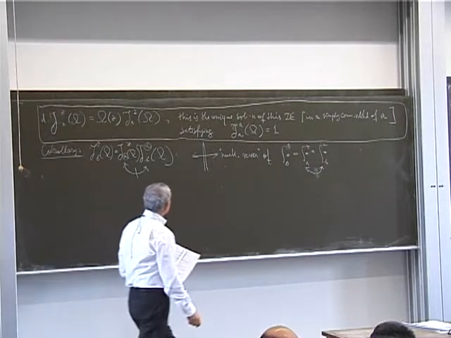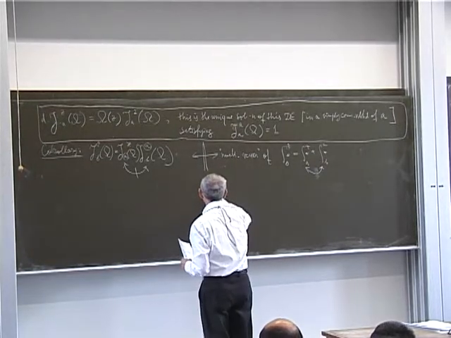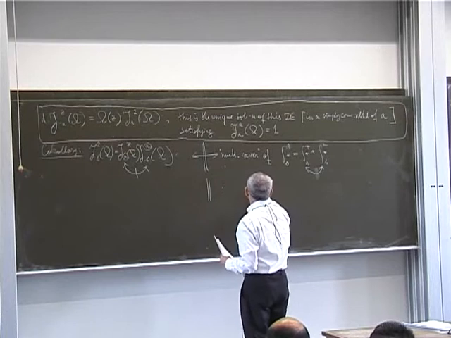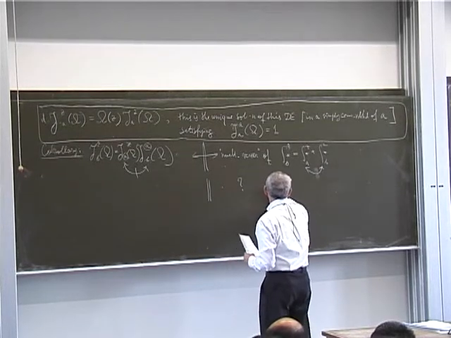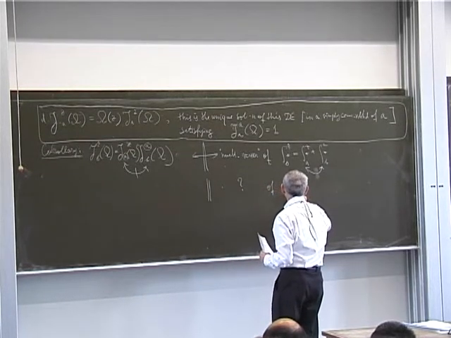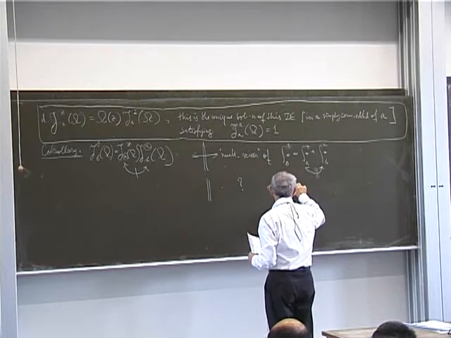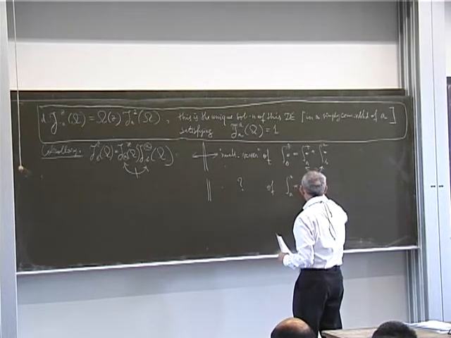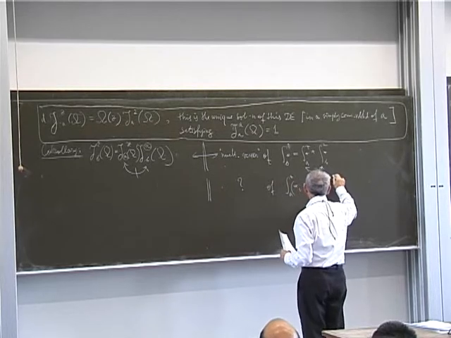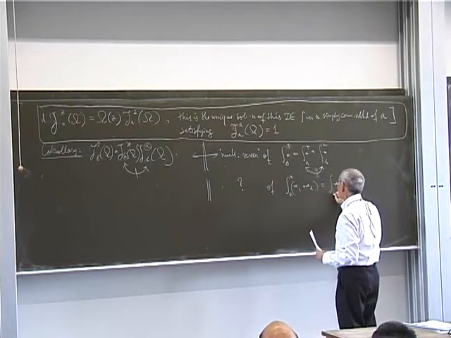Okay. Now, then, you should ask the following question. There is another formula telling that if you are integrating something plus something, then you get the sum of these two things.